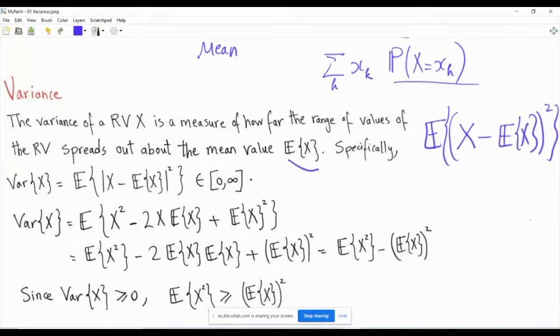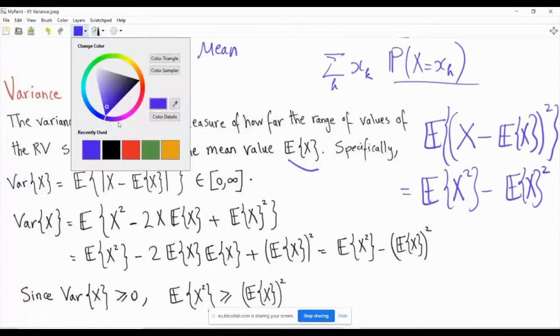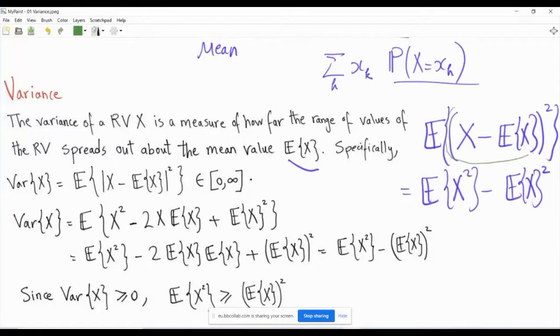And last time we showed that the variance of a random variable can also be written as the second moment minus the first moment squared. Okay, and the variance, this quantity here, is greater than or equal to 0, right? So we are taking this guy here, which is real valued and greater than or equal to 0, and so this thing here should be greater than or equal to 0.